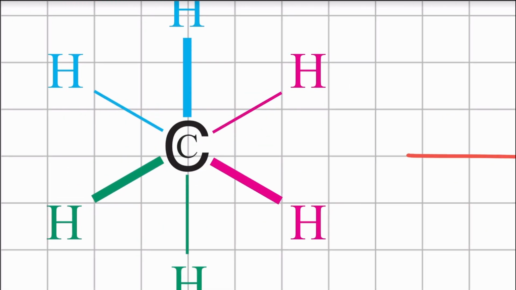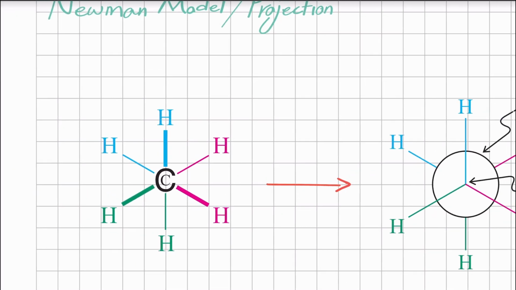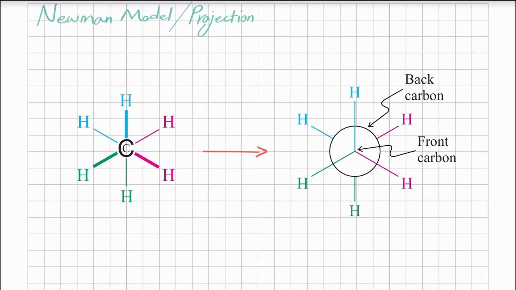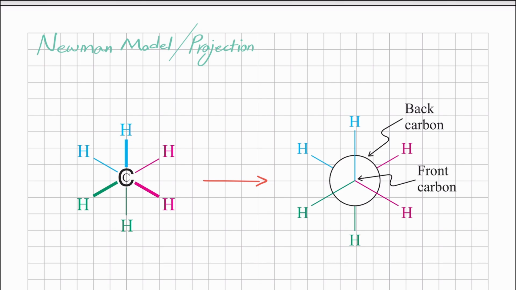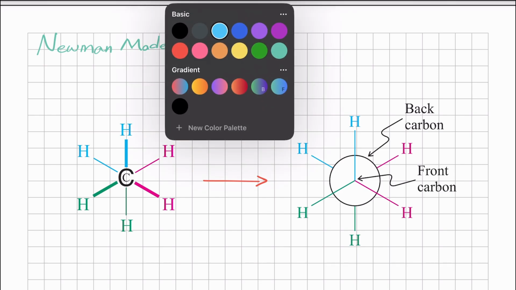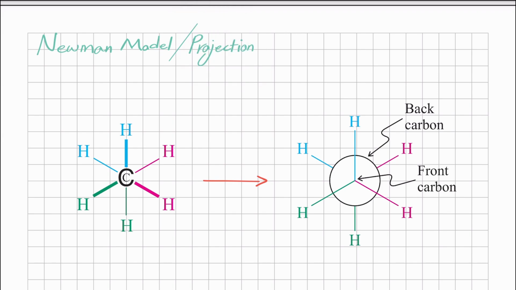So because it's a little hard to draw, and when it's drawn, it's a little hard to understand, we want to use the Newman model or the Newman projection. In Newman projection, we show the carbon, which is in the front, using a dot, and we show the carbon, which is in the back, using a circle. I'm sorry, I'm about to draw a circle.